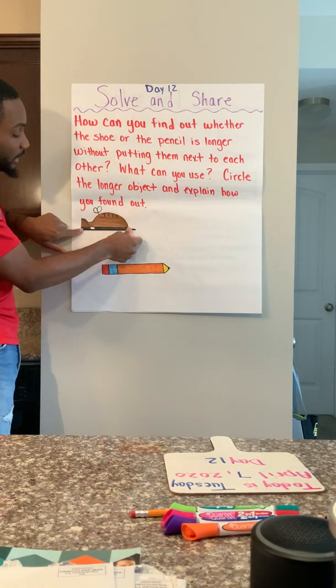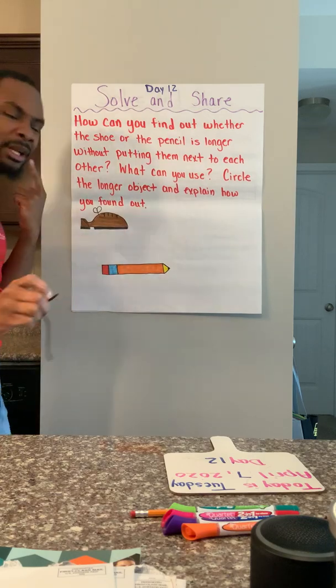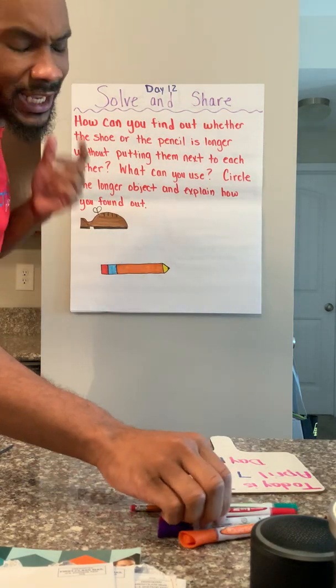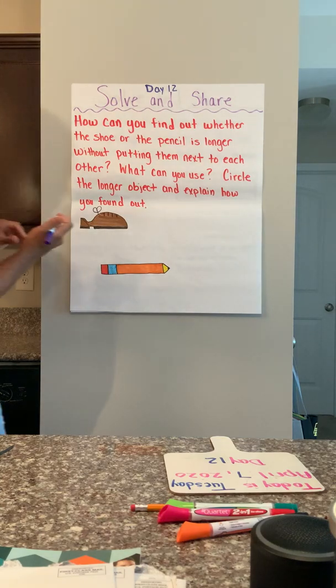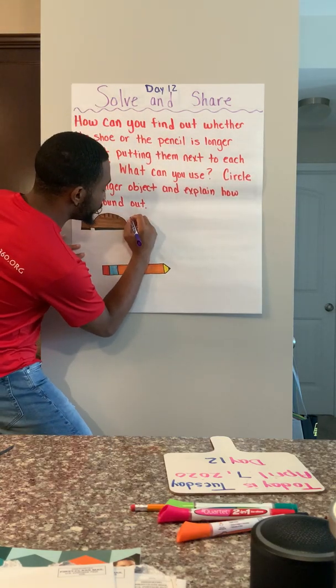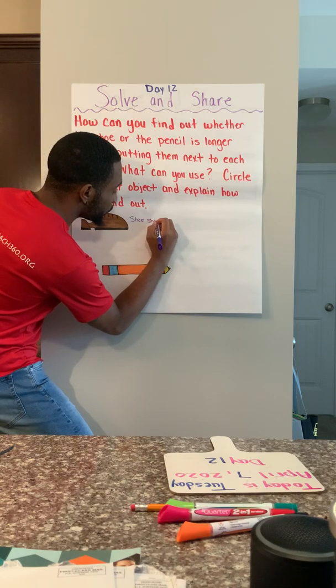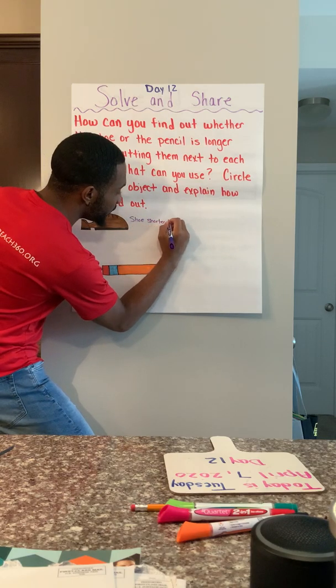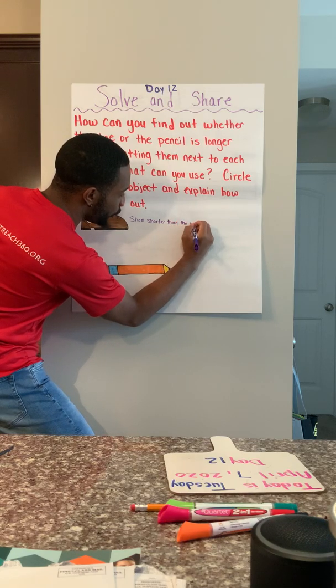Here, as I put the rope underneath the shoe, I notice that the shoe is shorter than the rope. I'm going to write myself some detailed notes because I don't want to forget what I did. So I'm going to put: shoe shorter than the rope.